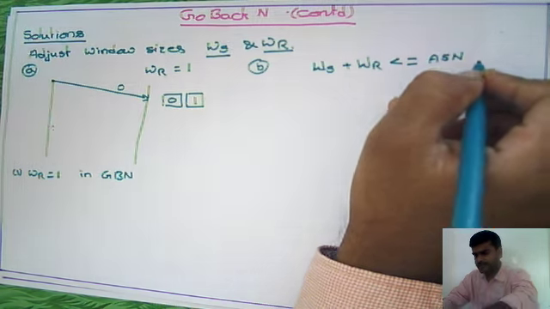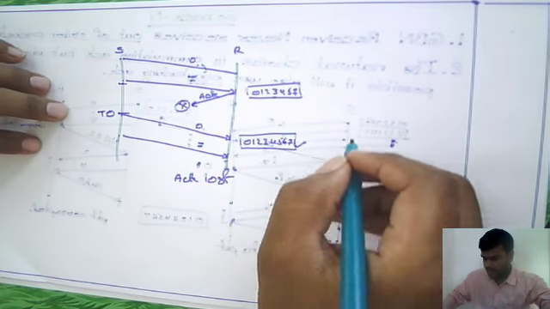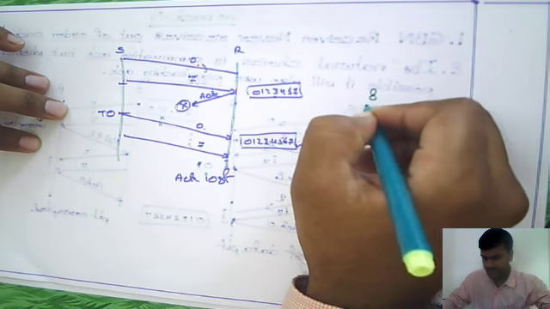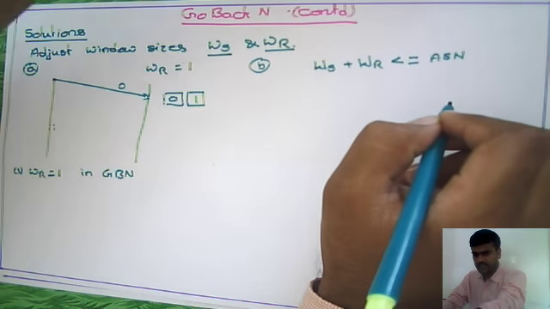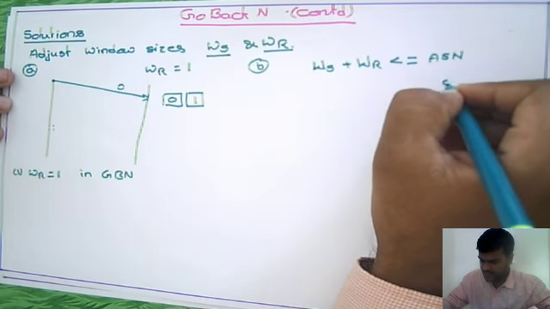Suppose we have a total of 8 sequence numbers, assume that.